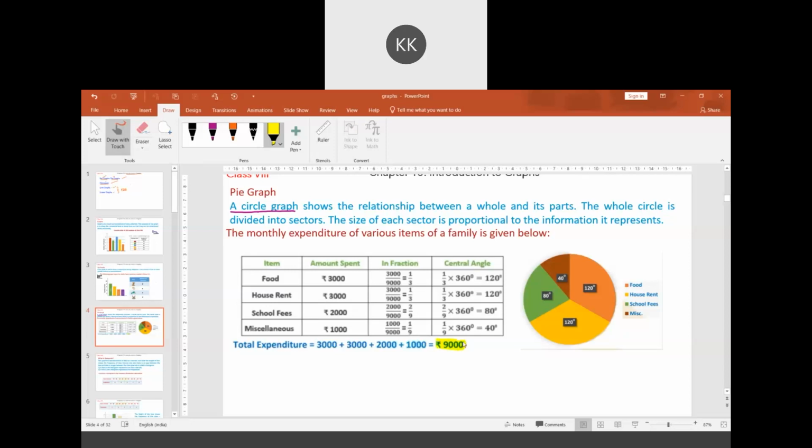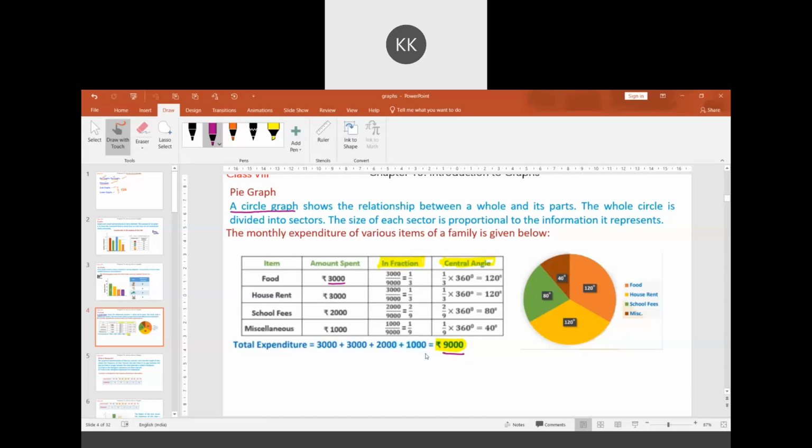To get the pie chart or a circle graph, we follow some steps. The first step is we will find out the fraction of each category. Then we will find out the central angle. What is this fraction of each category? Here we have 3,000 out of 9,000.